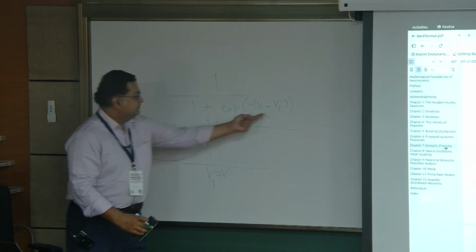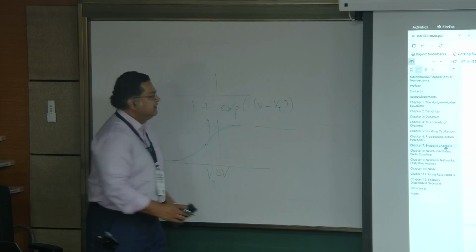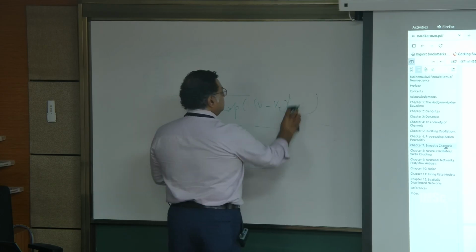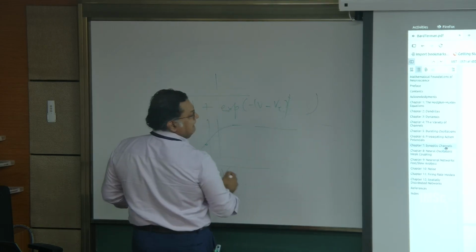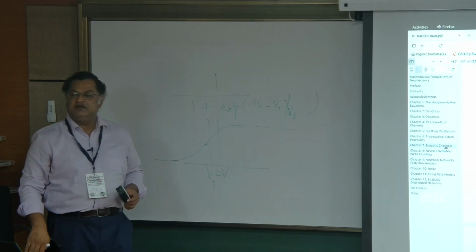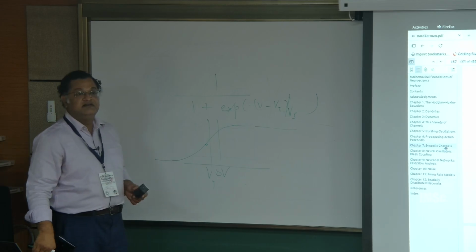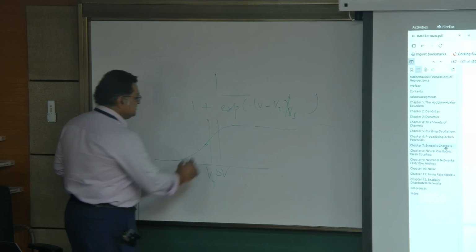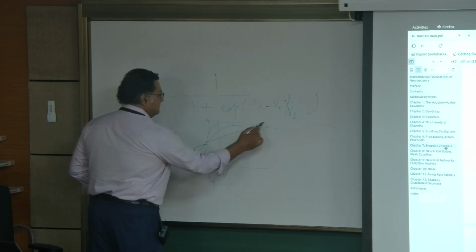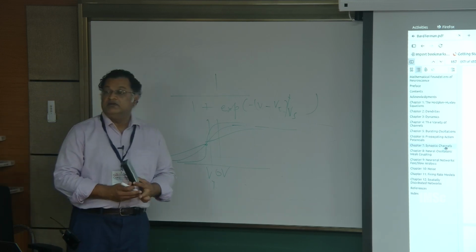So adding this shifts the origin of V to V threshold. And then if I stick in Vs, what does that do? It will change the steepness of this. That's it. That's what you're doing.